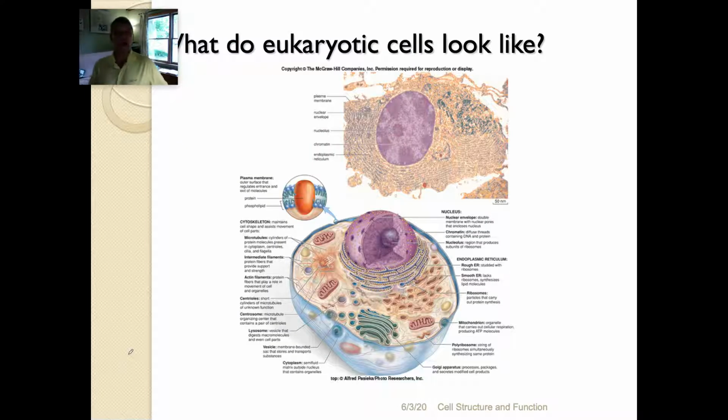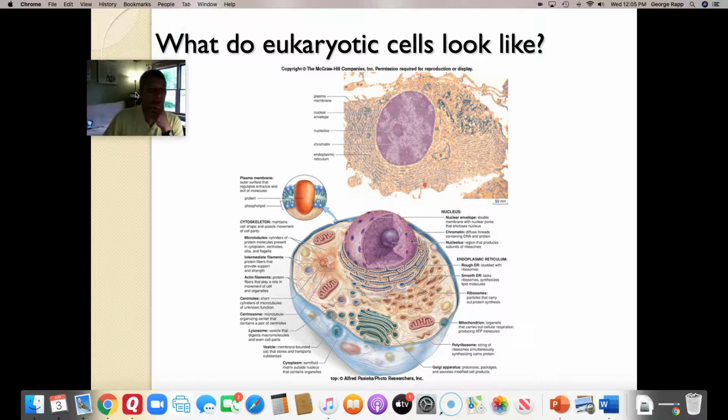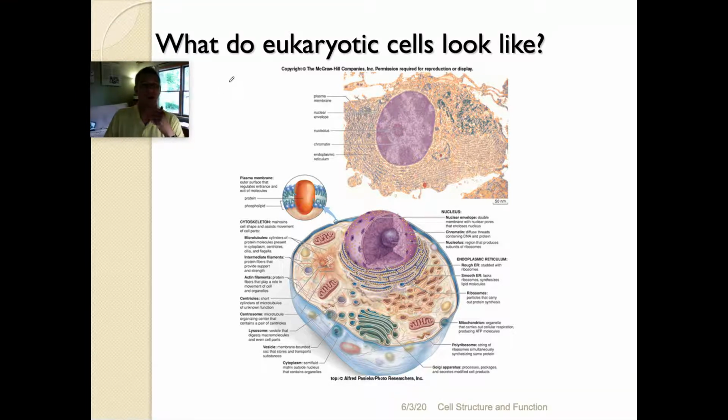Now, we'll start today with a discussion of what a eukaryotic cell looks like. Remember, there are two major kinds of cells, prokaryotic and eukaryotic. The prokaryotic cells are very simple, very tiny little cells that, generally speaking, have no real organelles inside of them.